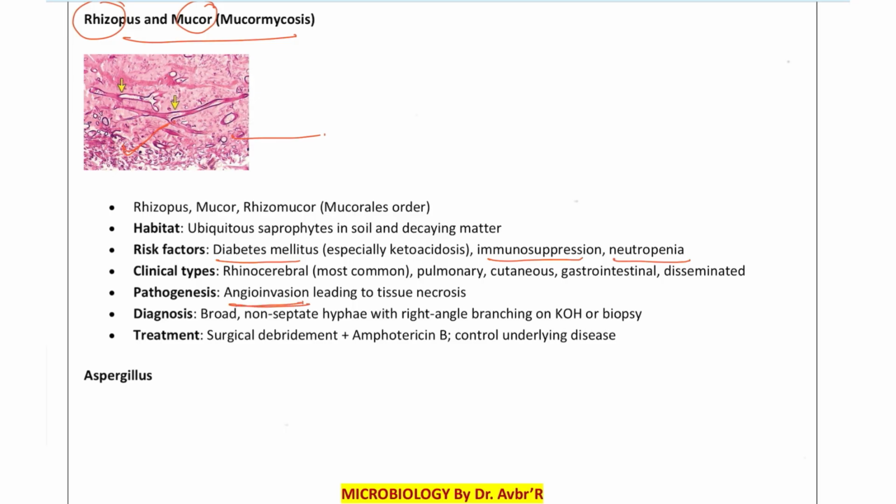What is meant by angioinvasion? Wherever there are blood vessels, they are going to inhabit them, cause infection there and cause necrosis, like rhinocerebral disease, which is most commonly a CNS infection, especially seen post COVID. These are broad non-septate fungi with right-angle branching. Surgical debridement and amphotericin B are the drugs of choice.